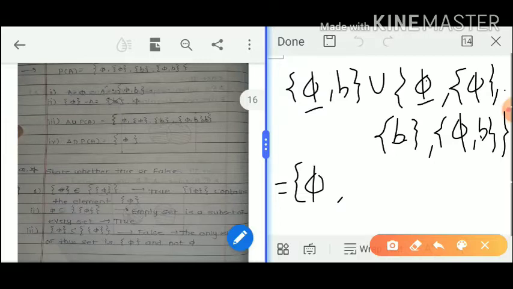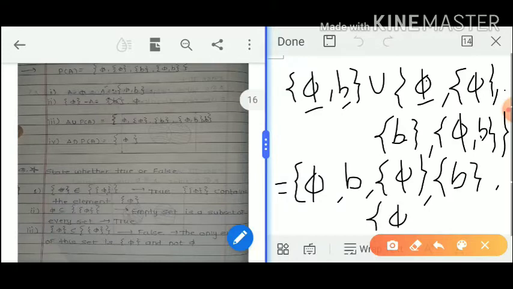Next, the second element B: here B is not present in the power set, so write down your B. Okay, next {phi} as it is, {B} as it is, {phi, B} as it is.